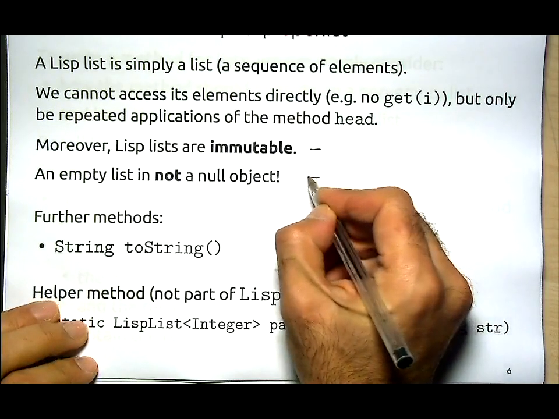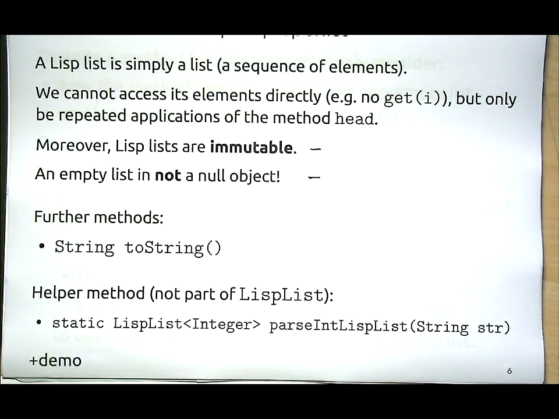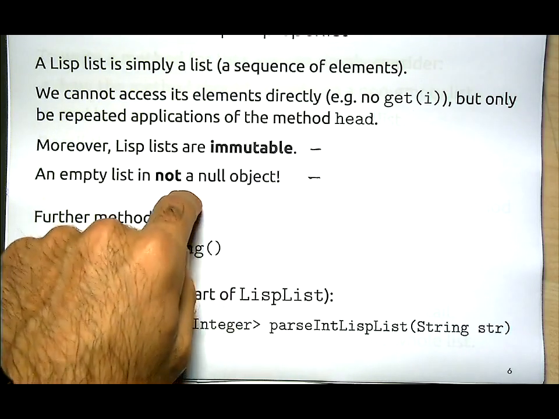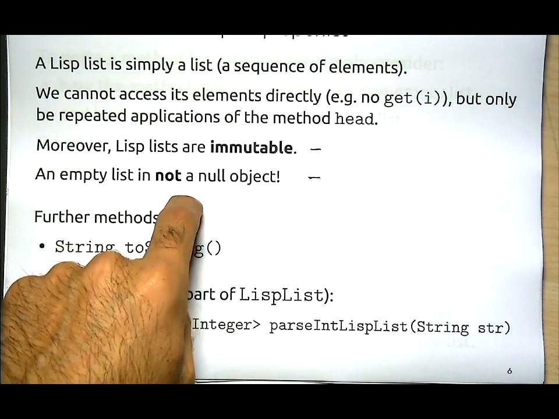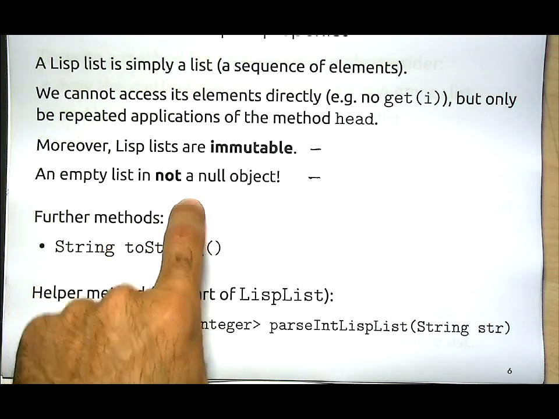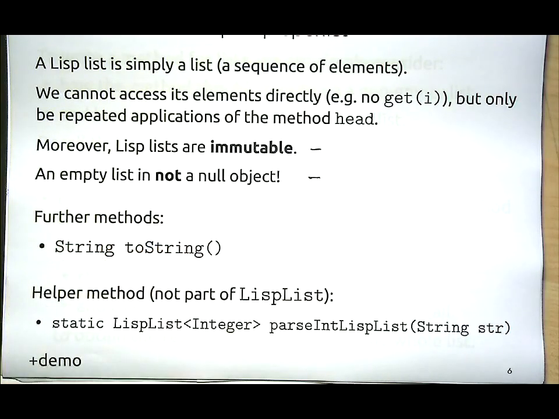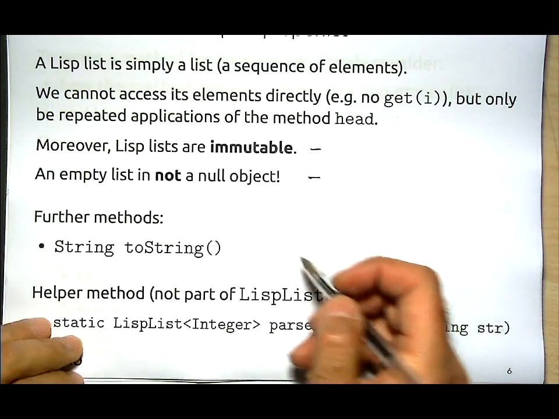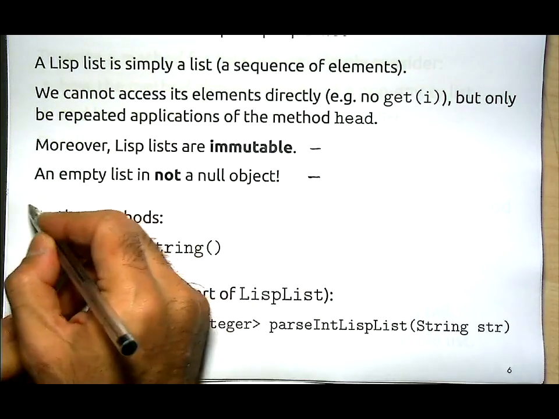Another important aspect is that an empty list is an object that happens to be empty. So in particular, it is not a null object. Incidentally, there was an error in the notes saying that the empty list is null, but that was a mistake. And then we have also provided some other methods.